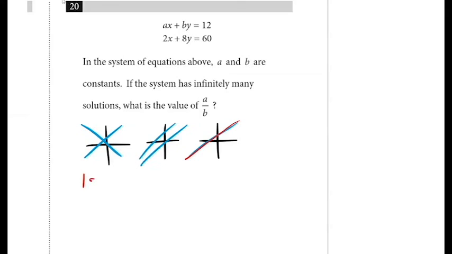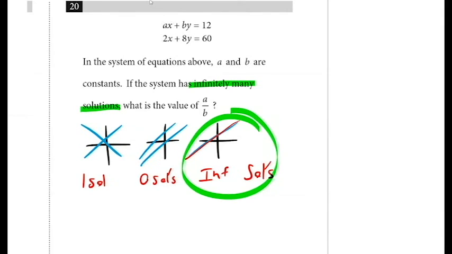So this is the idea of having one solution, 0 solutions, or infinite solutions. So in this problem, we're being told that the system has infinitely many solutions. So it's just like this example, they're actually the same line as each other.